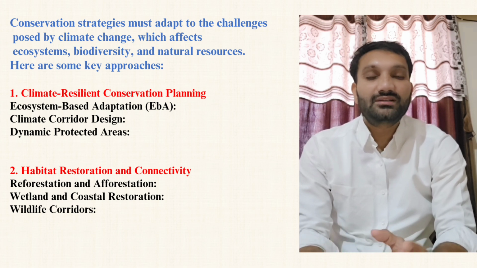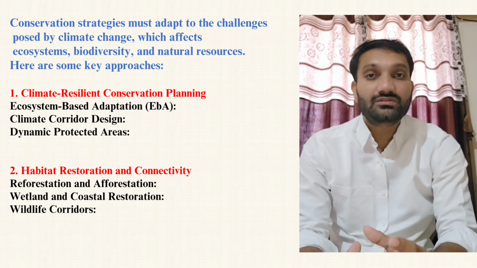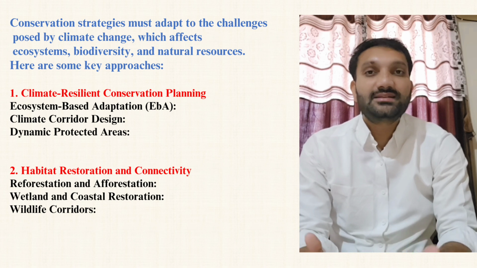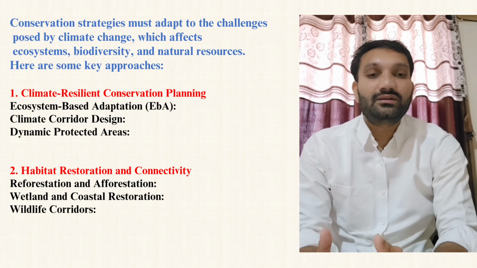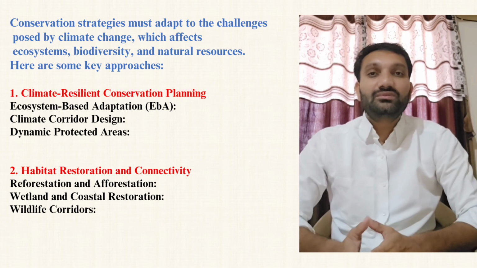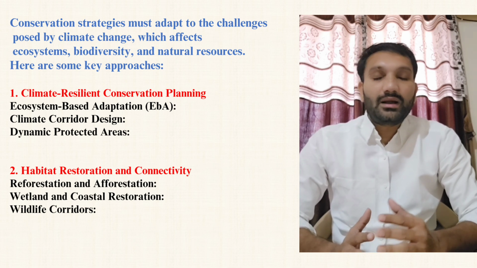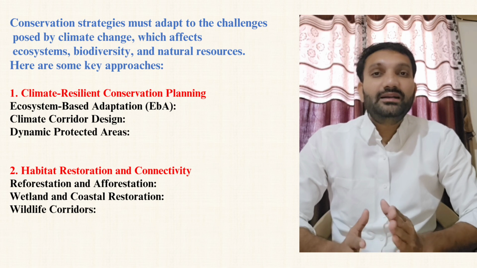So this wildlife corridor concept includes some sort of fragmented habitat. Small habitats should be linked with each other, so the species can freely move from one location to another location. So what will happen? It will improve the genetic diversity in that particular organism or species.